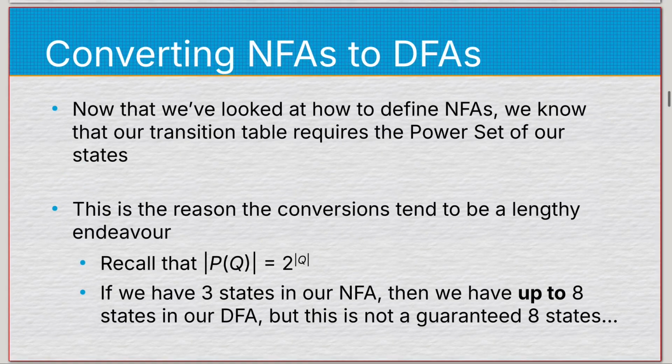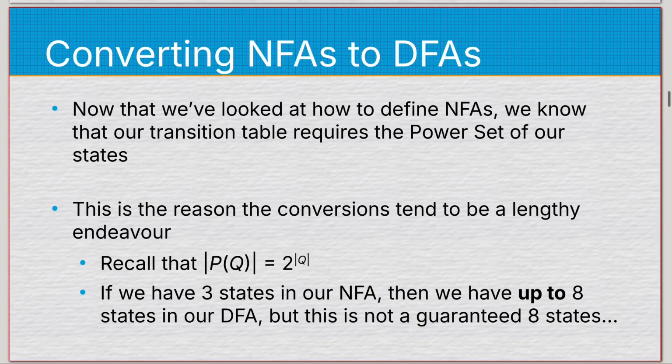And the actual lengthy process when it comes to this is when we convert our NFAs to our DFAs. That is a potentially lengthy process, but it's really going to be more apparent as we recall what a power set is, and essentially when we look at the cardinality of what the DFA and NFA require.